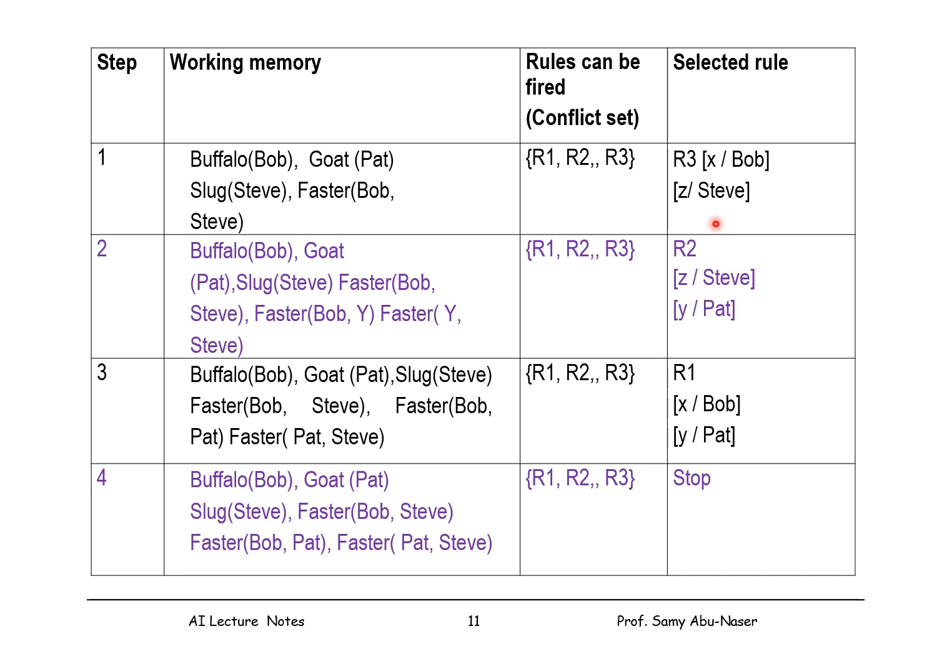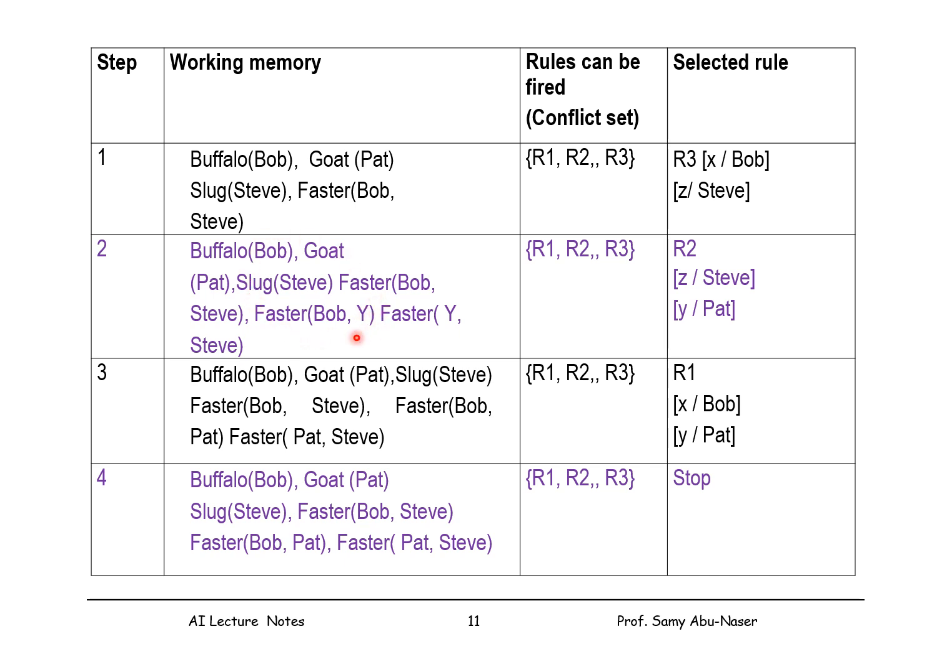The result is: we have previously Bob is Buffalo, Bat is Goat, Steve is Slug, Faster Bob and Steve, and we have a new Faster Bob, Y, and Faster Y, Steve. This is what we get from firing rule 3. Y is not known. That's why we kept it Y for now.